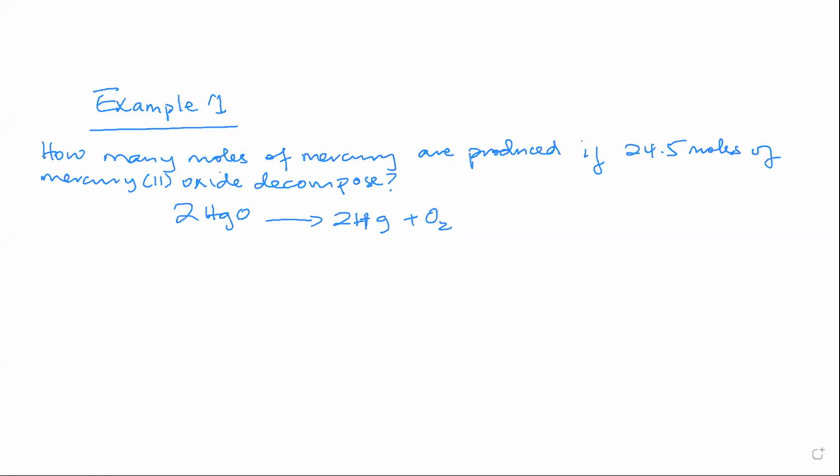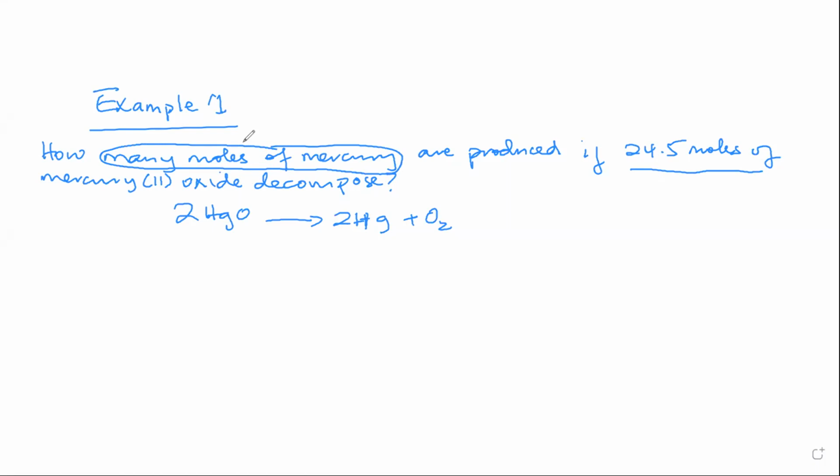Let's look at example 1. So how many moles of mercury are produced? Mercury is a product if 24.5 moles of mercury(II) oxide decomposes. Okay, we know this. We do not know this. Now we are going from one substance to a different substance.